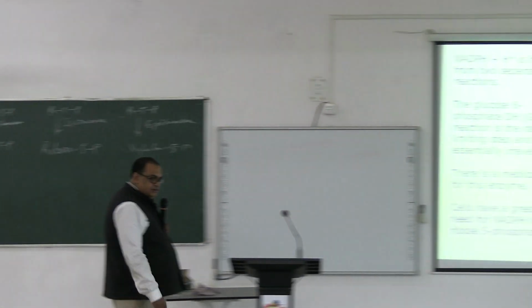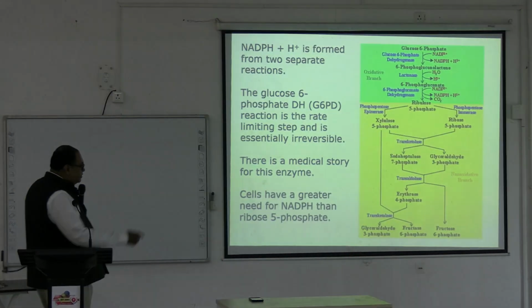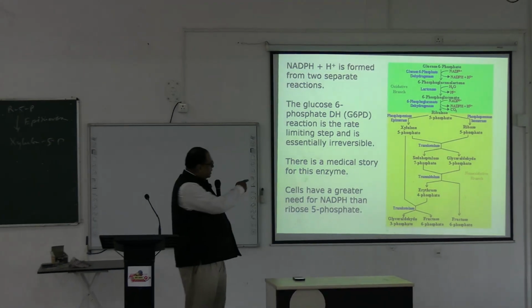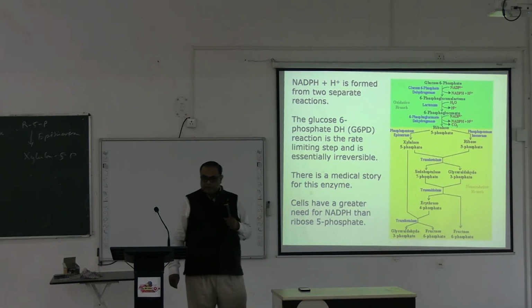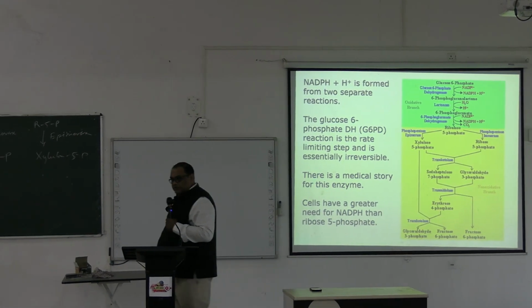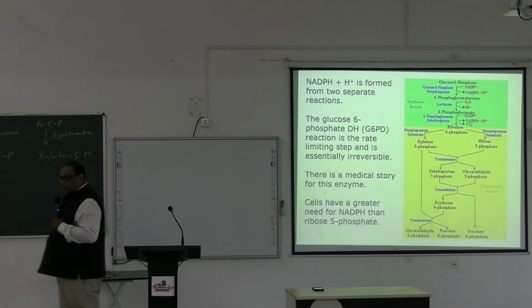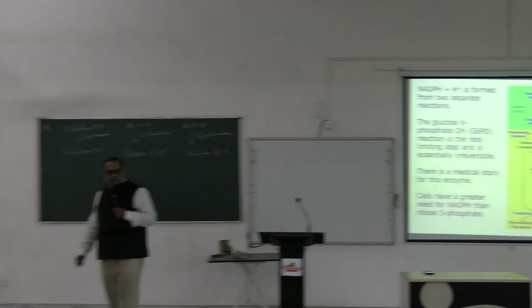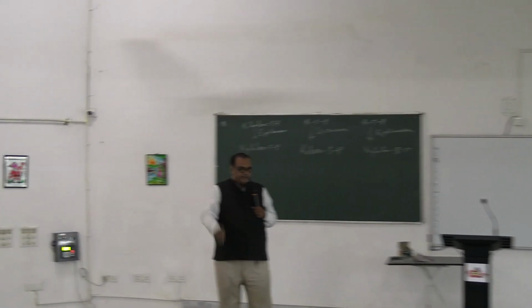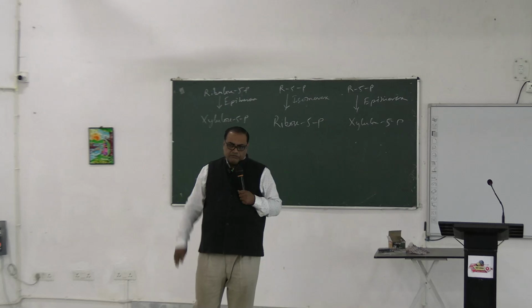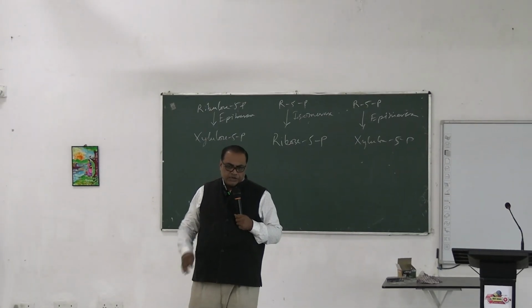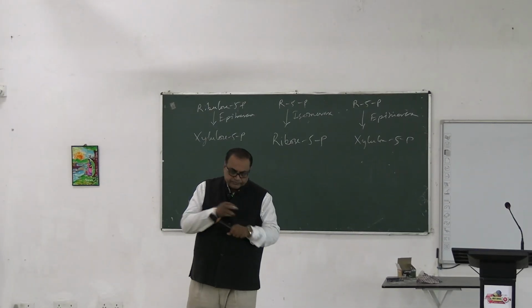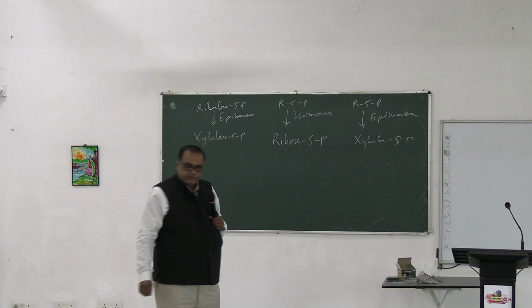So 2 out of 3 will be converted to xylulose 5-phosphate. The middle one will be converted to the corresponding aldose sugar, ribose 5-phosphate.